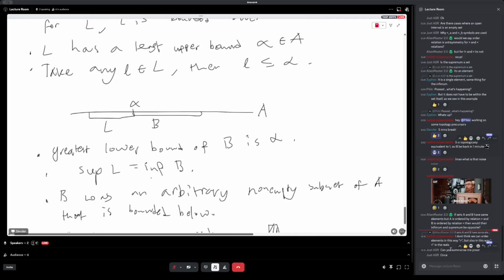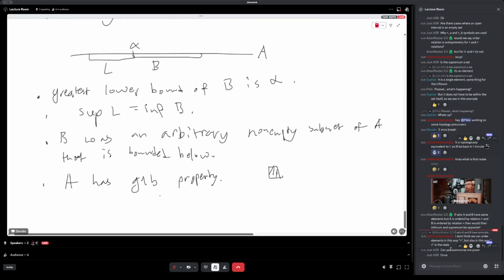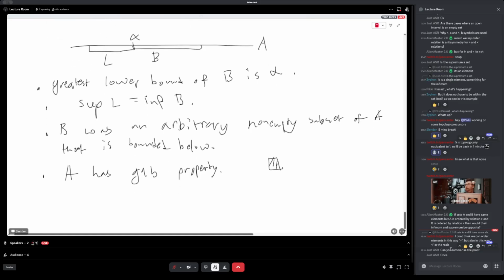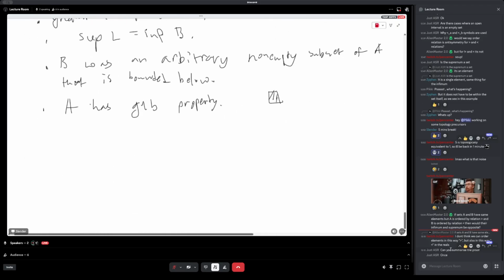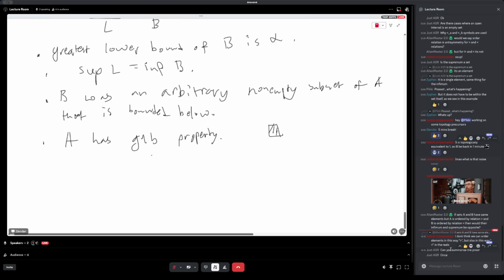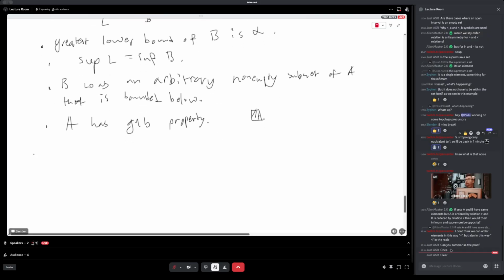So the supremum of L is the infimum of B. And here B was an arbitrary non-empty subset of A that is bounded below. So this shows that A satisfies the greatest lower bound property by definition, since this just matches the definition. Is that clear?